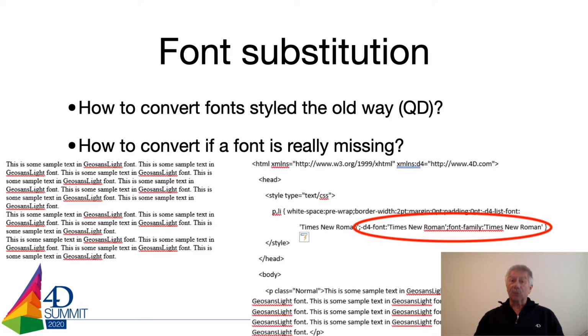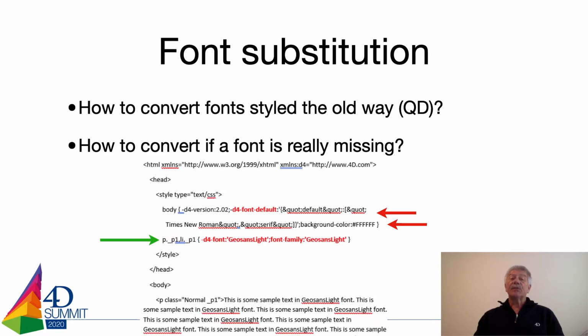If the font is not installed while conversion, it is replaced by the system font Times New Roman. This is the problem with the text on the left converted with V17 R4 or maybe older. Looking at the source of the conversion, the CSS, cascading style sheet, shows the substitution font marked in red. There is no more chance to go back to the original font because the text does not know which font it had before.